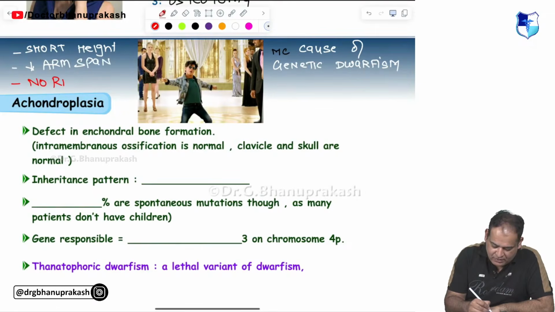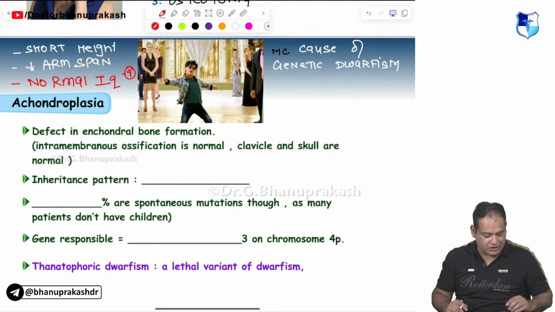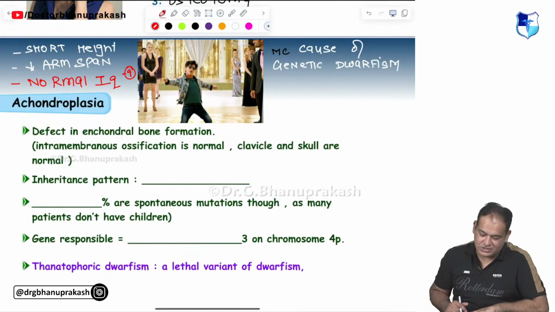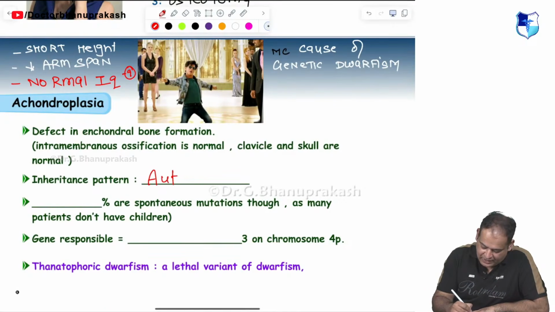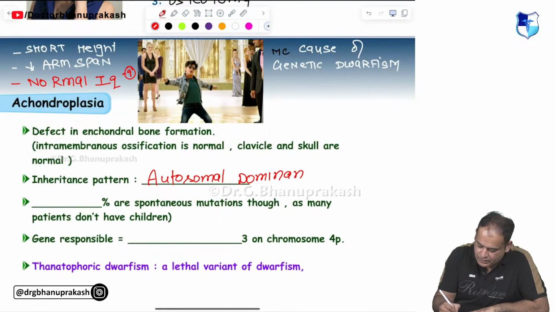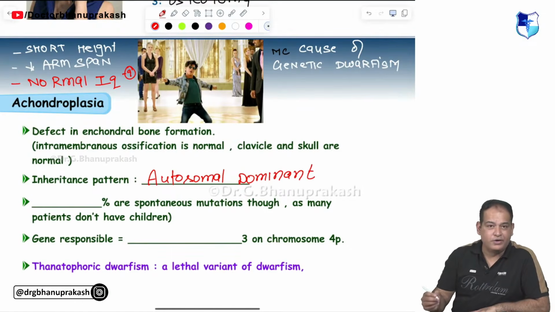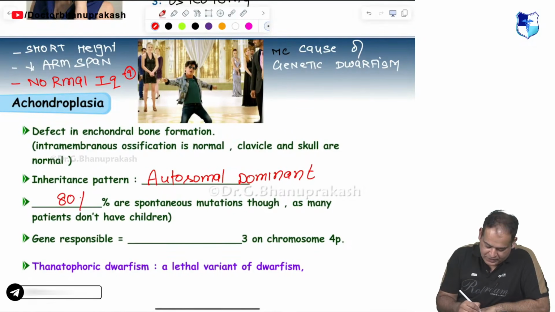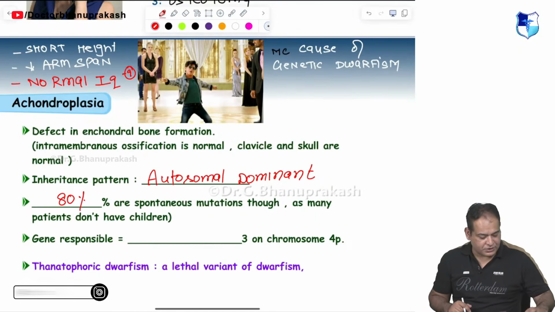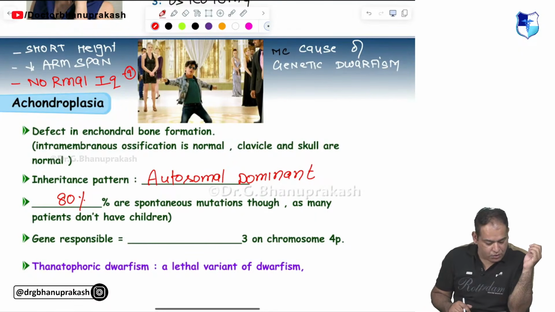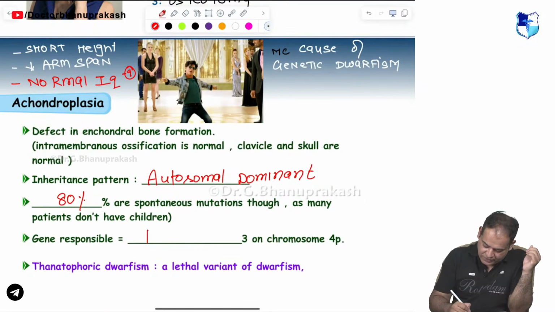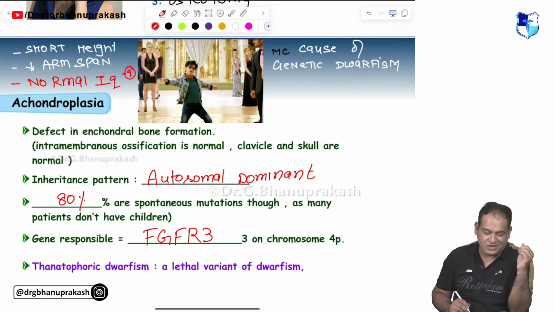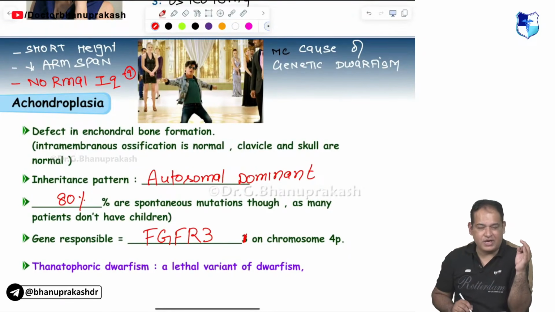But the important clinical feature which is often asked in the questions is that the IQ is normal. What is the inheritance pattern? Autosomal dominant. 80% of the patients are fresh mutations. There is no family history. Right? What is the gene responsible? FGFR3, fibroblast growth factor receptor 3 gene mutation.